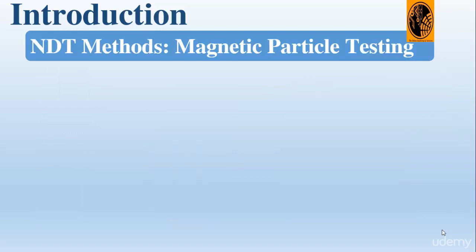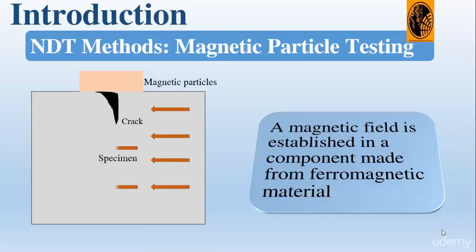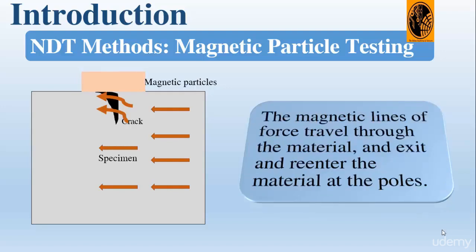Let's see another technique, which is magnetic particle testing. First, a magnetic field is established in the component, and the component of course should be made from ferromagnetic material. The arrows here represent the magnetic field, and the magnetic lines of force travel through the material and exit and re-enter from the poles.